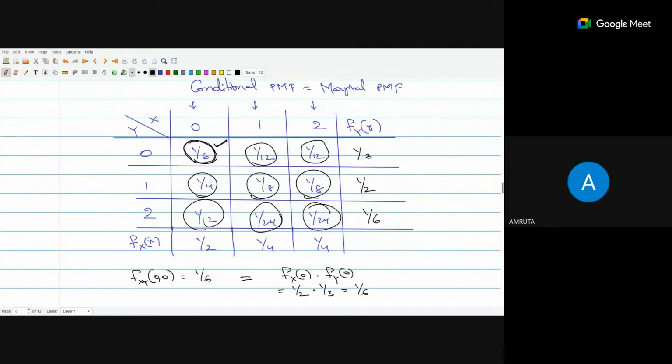Can I ask a quick question here? For independence, we have to check all the 9 entries, right? Yes, for independence. The point I wanted to make is, do we really need to check all the 9?